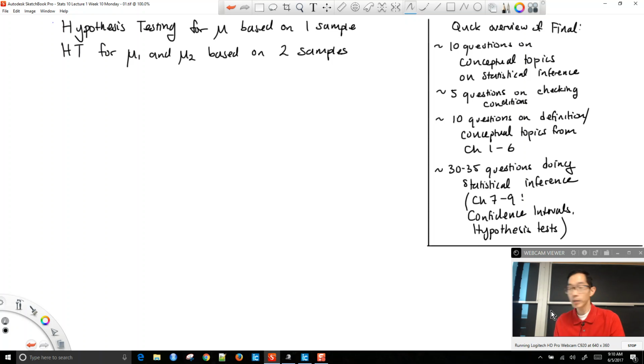All right, so anyway, back to hypothesis testing for mu based on 1 sample and mu1 and mu2 based on 2 samples. Okay, so everything here, again, just like when we did hypothesis testing for proportions, the breakdown is still the same, the 4 steps. So if you understood hypothesis testing when dealing with proportions, then everything for hypothesis testing with means should be easy to pick up.